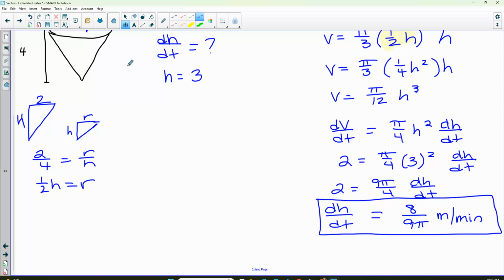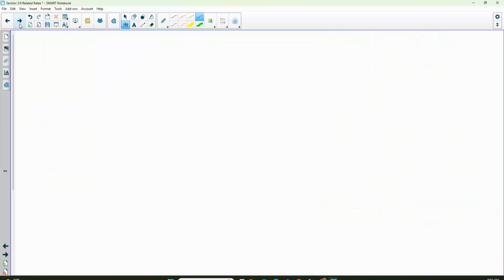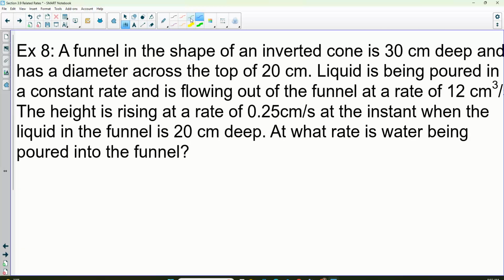Let's try another one. A funnel in the shape of an inverted cone. So we again have our cone. 30 centimeters deep, so that's my height.